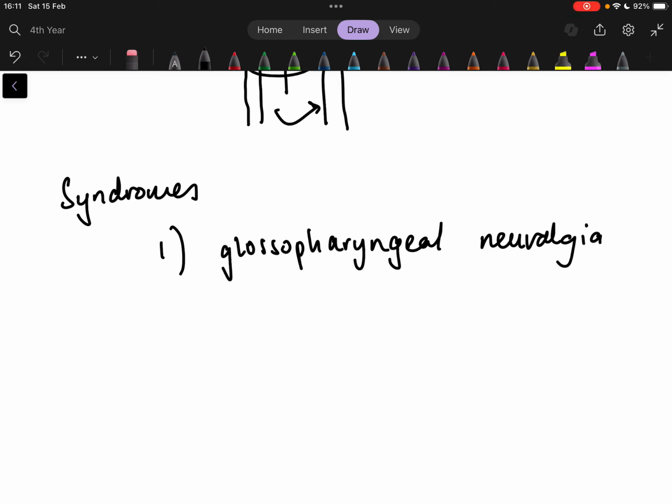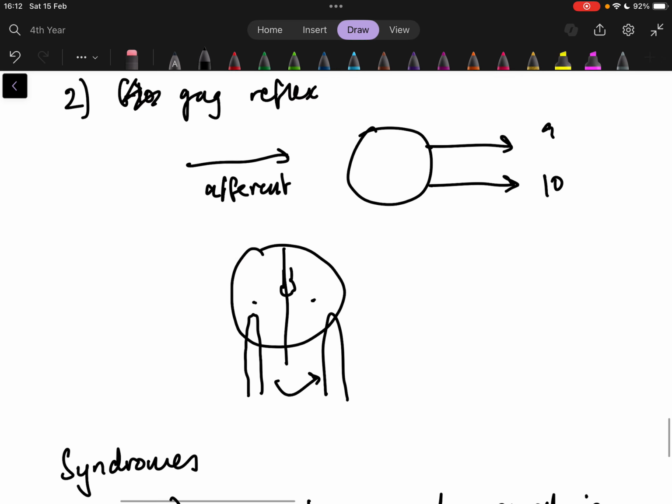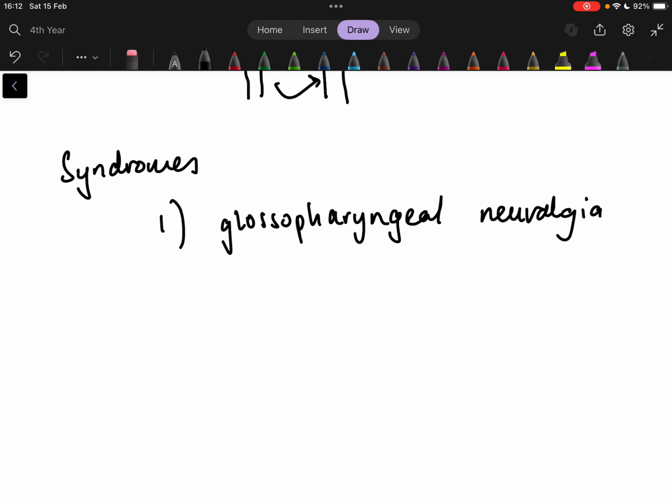If it is irritated, and we're talking about how it is responsible for part of the pharynx and the back of the tongue, then obviously the pain is going to be at the base of the tongue, since it's responsible for gustation, taste sensation of the back of the tongue. So you can get severe pain in the back of the tongue.